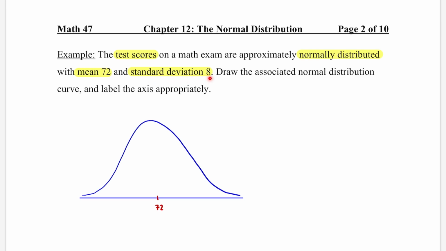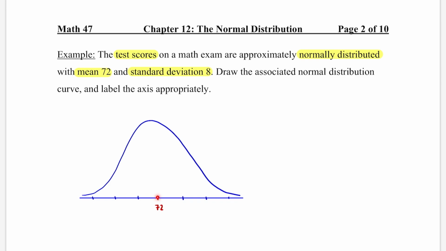Standard deviation is 8. In a normal distribution curve, almost all of the data values will be within 3 standard deviations of the mean. This number is 1 standard deviation above the mean.